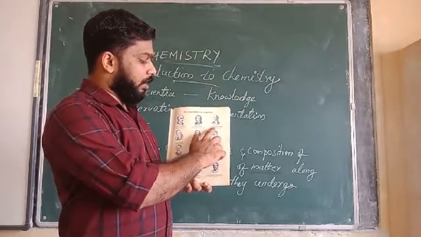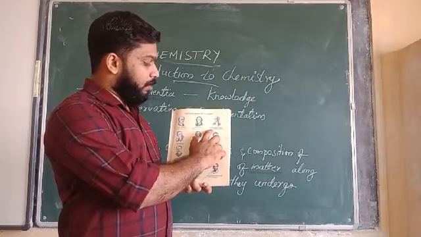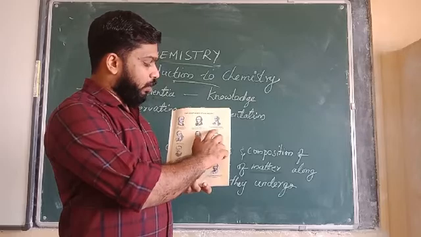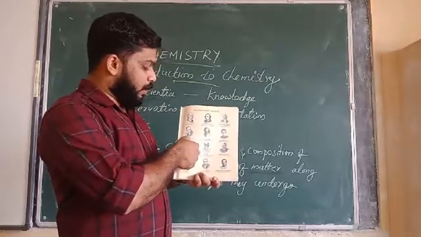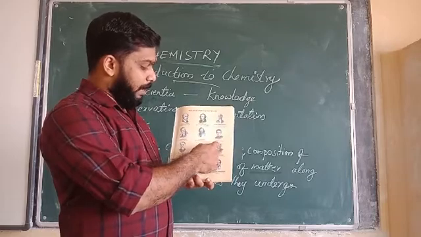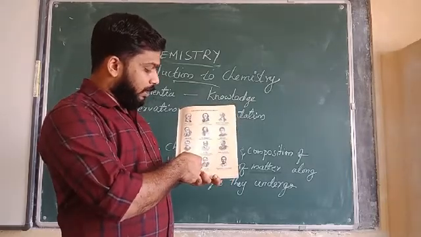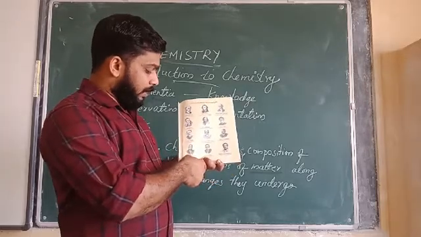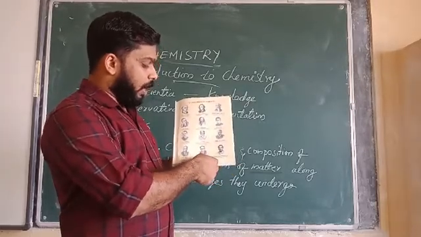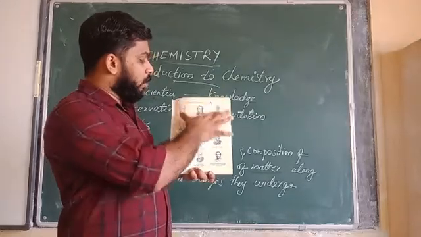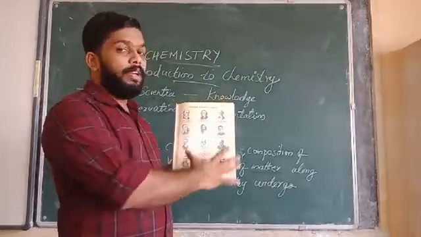Then Antoine Laurent Lavoisier named oxygen and hydrogen and developed the law of conservation of mass. Then John Dalton, Mendeleev, Marie Curie, J.J. Thomson, P.C. Ray, Ernest Rutherford, S.N. Bose, C.N. Rao, and Venkatraman Ramakrishnan. These all are great minds of chemistry.